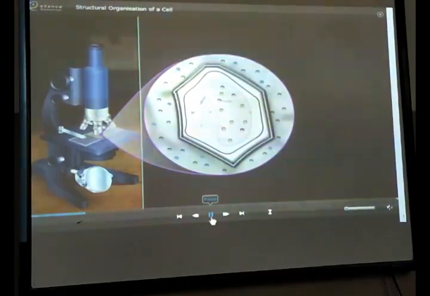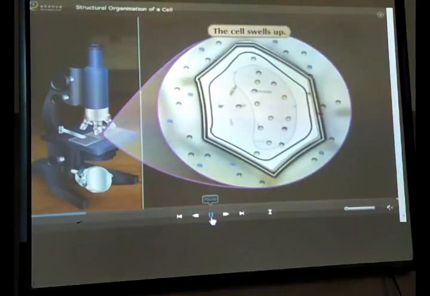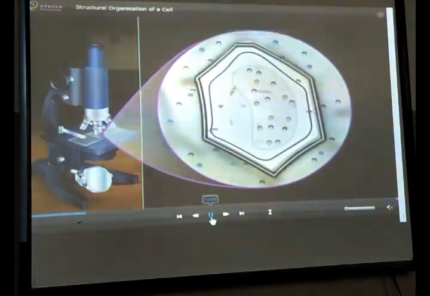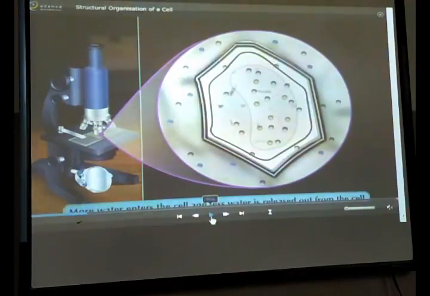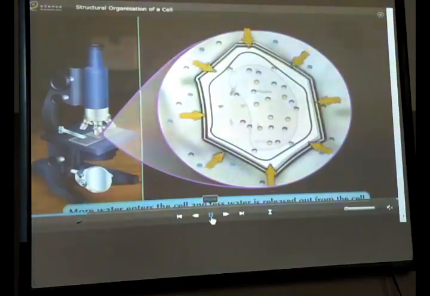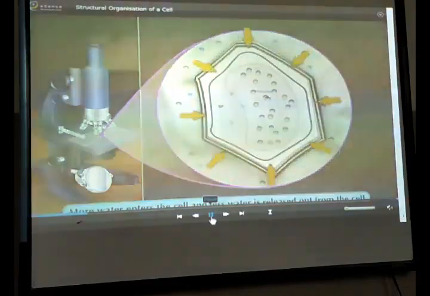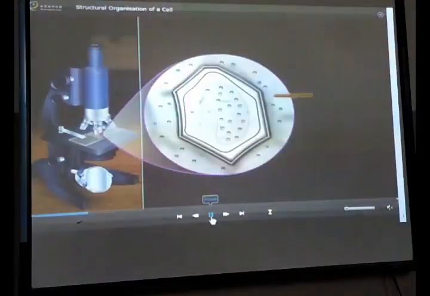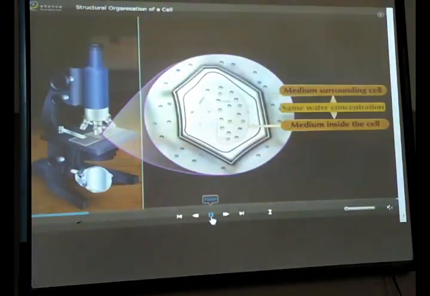In the dilute form, this process is considered hypotonic, and with the help of this microscopic slide, we can understand that from outside it pressurizes to enter inside the cell. So the medium surrounding the cell has higher concentration outside and lower concentration inside.